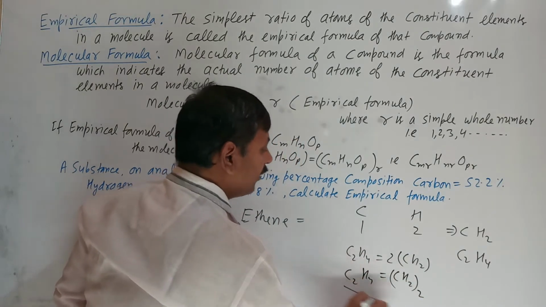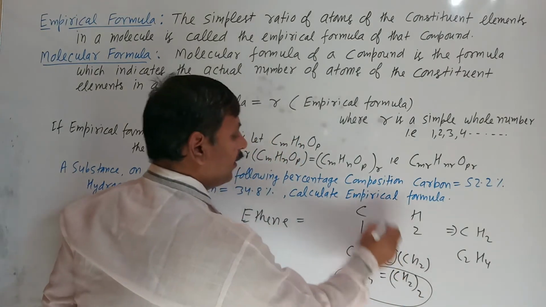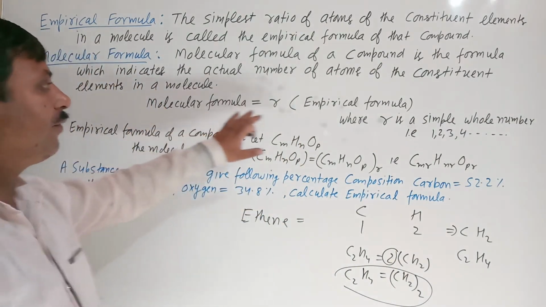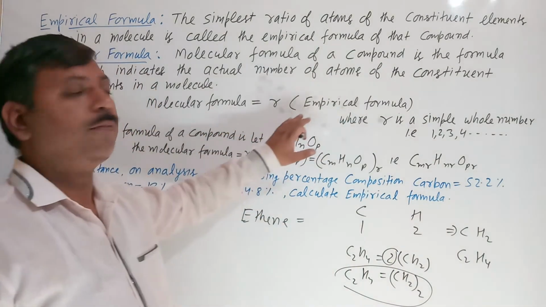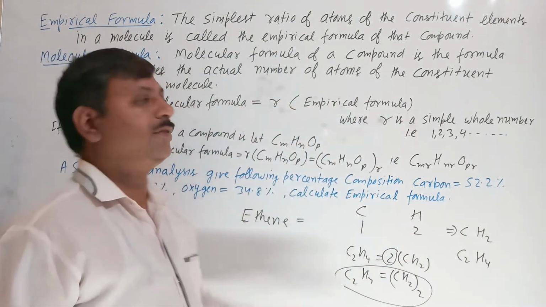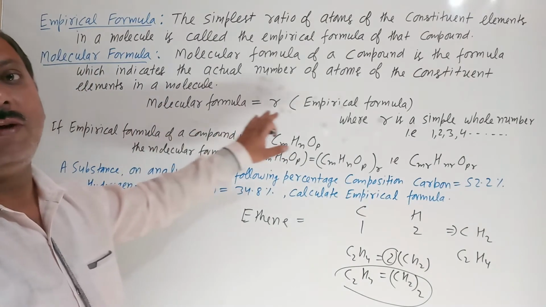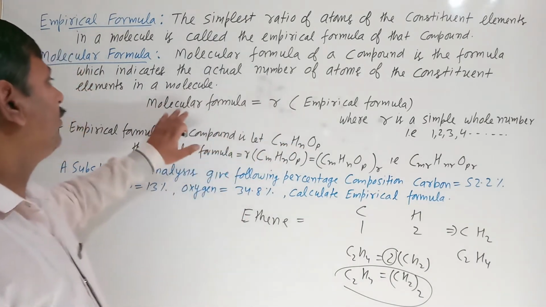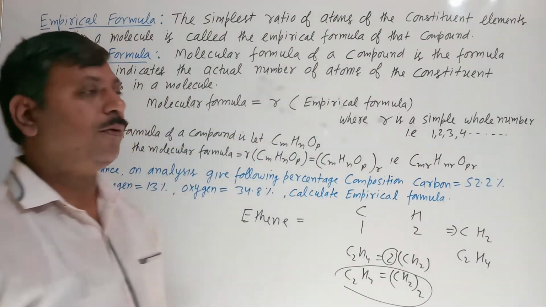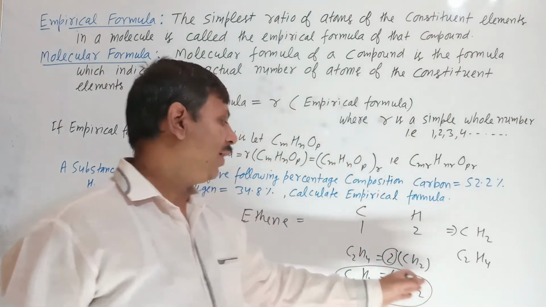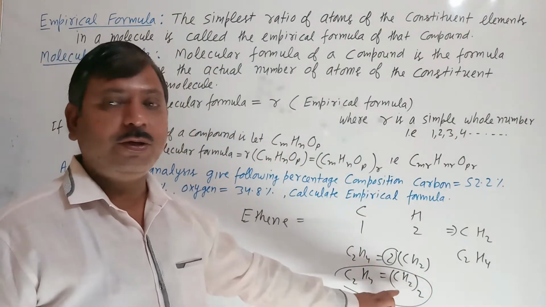So there is also a simple multiple relation. Molecular formula is a simple whole number times the empirical formula. So this is the relation between molecular formula and empirical formula. There should be a simple whole numbers 1, 2, 3, 4 like that, what I have told here.